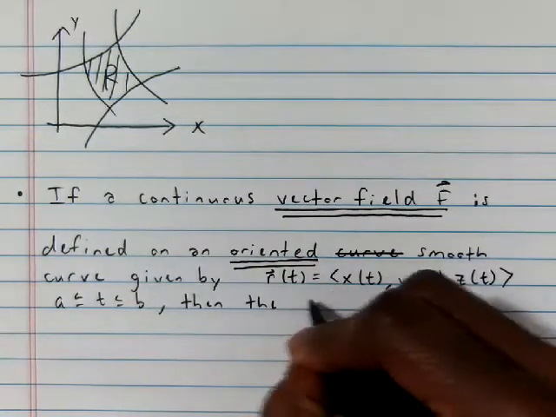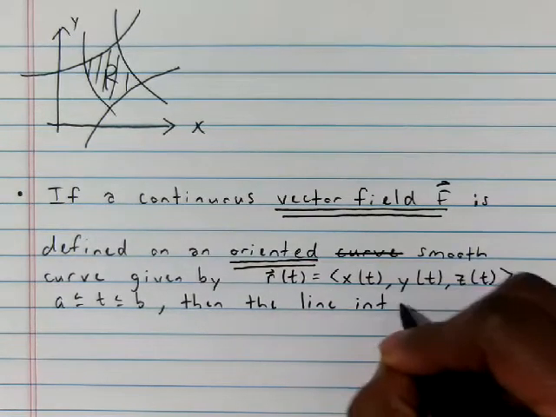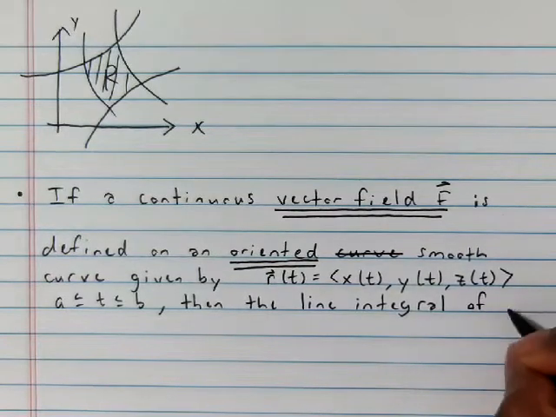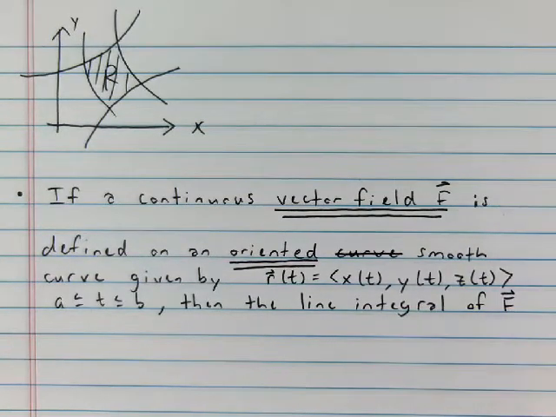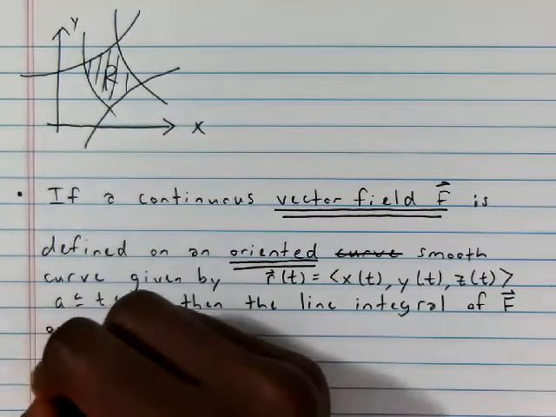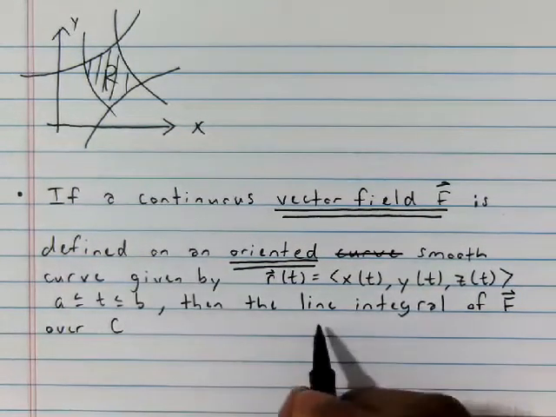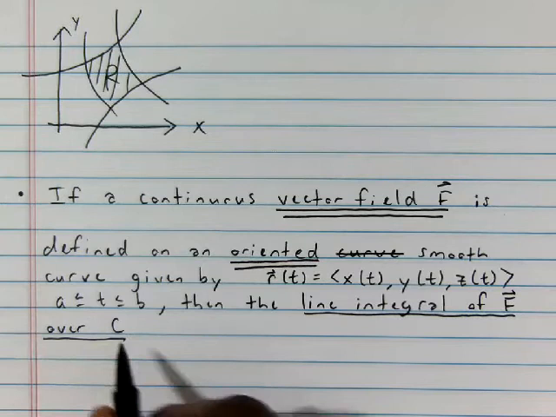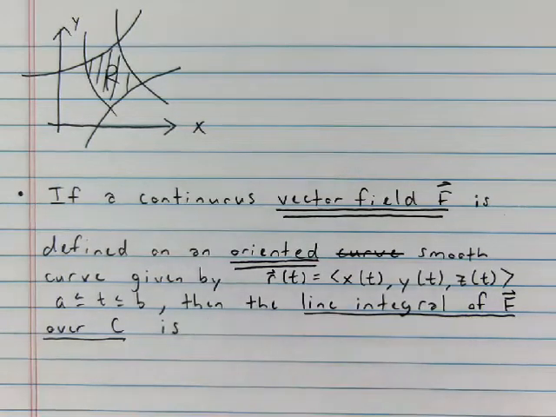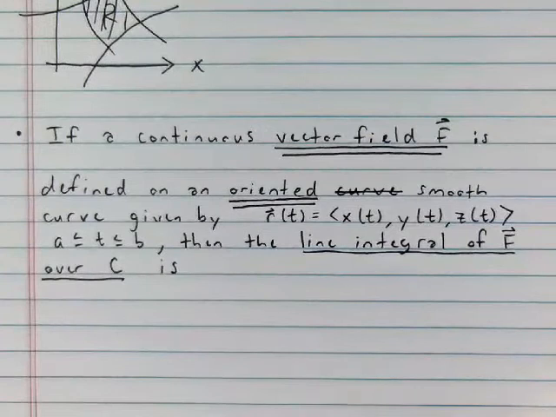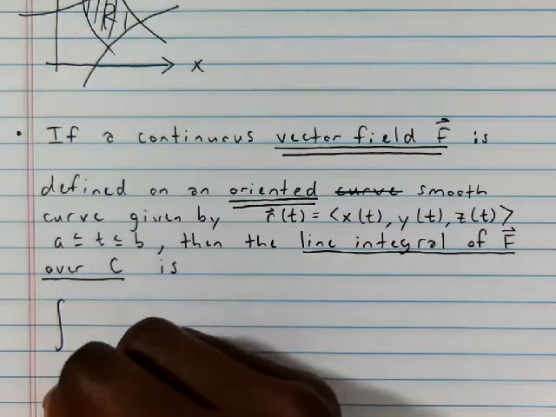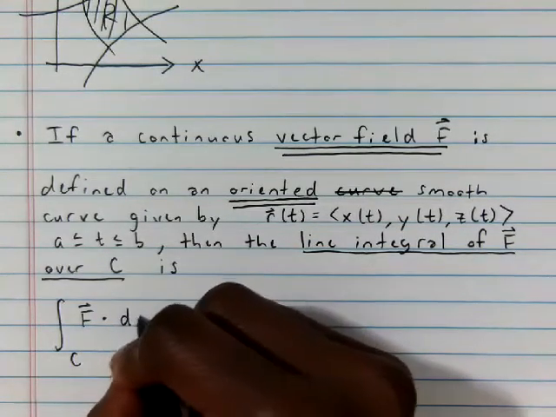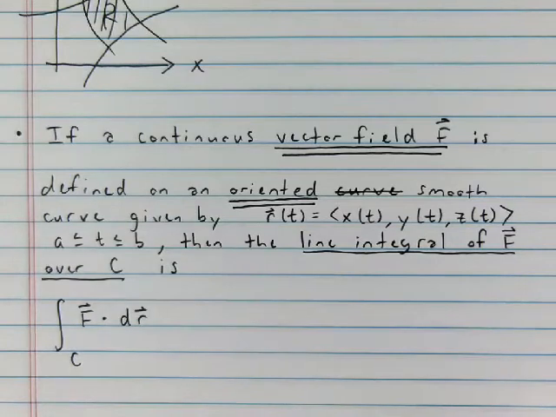Then the line integral of the vector field F over C is, notationally the way we write this, the integral over C of the vector field F dotted with dr, the differential of the vector function r.